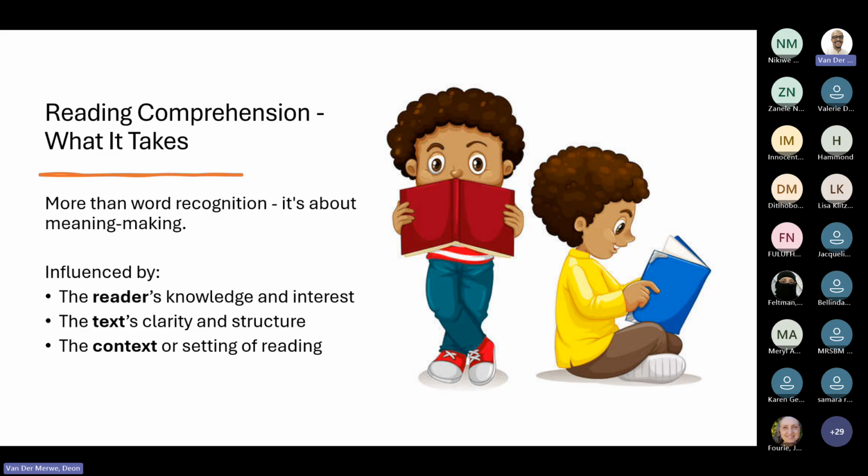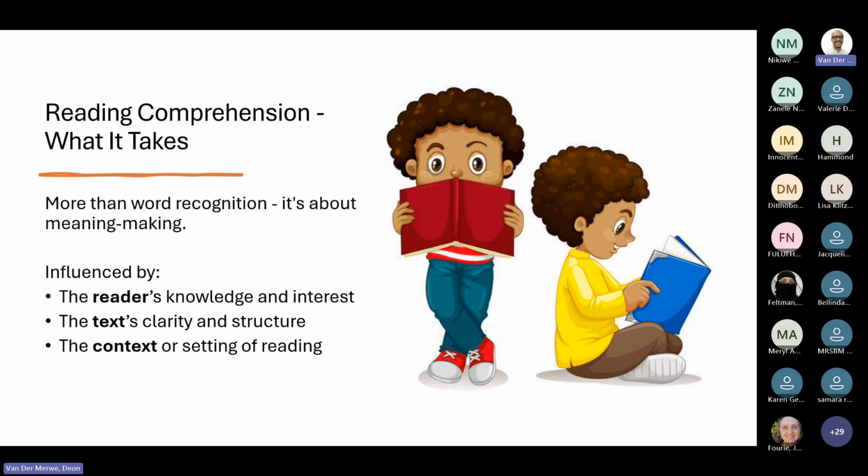Even learners who've learned to recognize words might still struggle with understanding more complex texts. So good comprehension really just depends on the reader, what knowledge and interest they bring to the text that is presented to them, as well as the text itself, how clearly it is written and how it is organized.